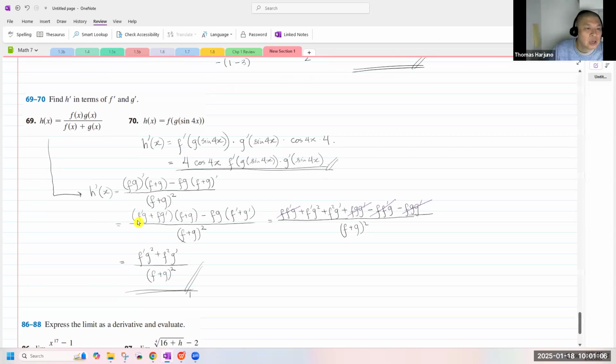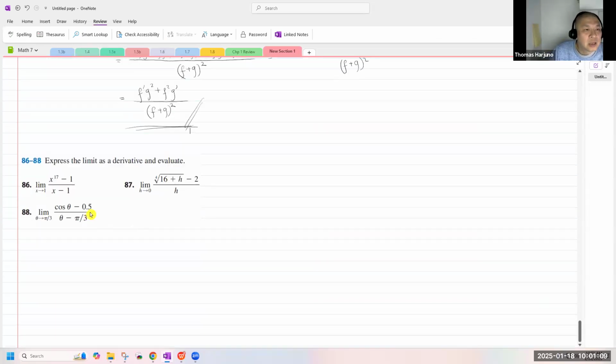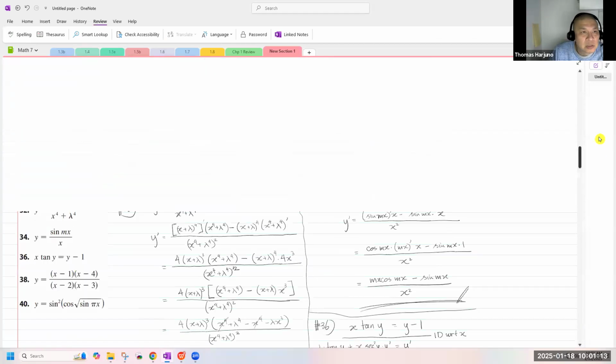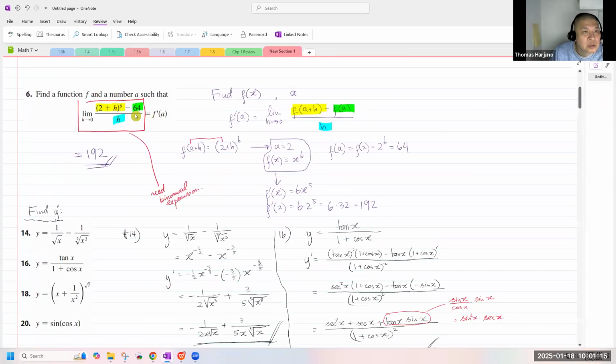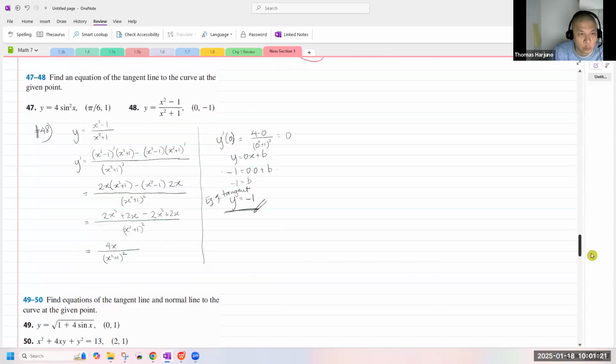Okay, let's go on. Number 86 and 88. We did a problem similar to this earlier, number 6 as I remember, right? So they give us the limit and we reinterpret that as the derivative of a function at a certain point.